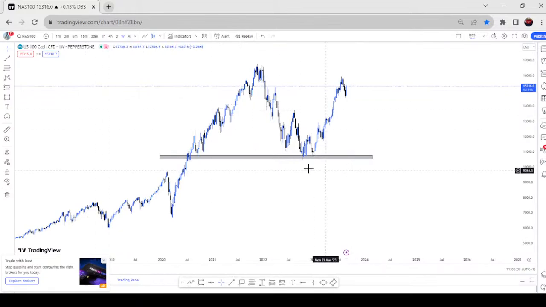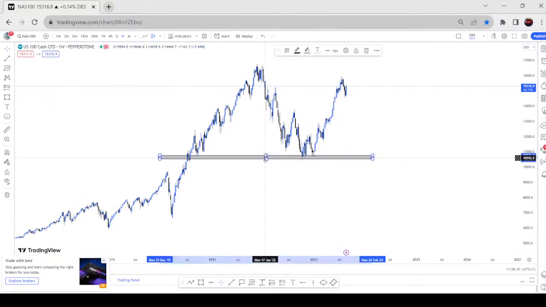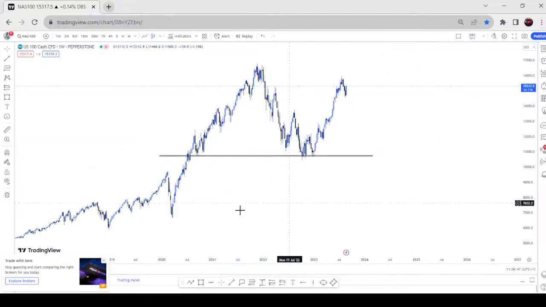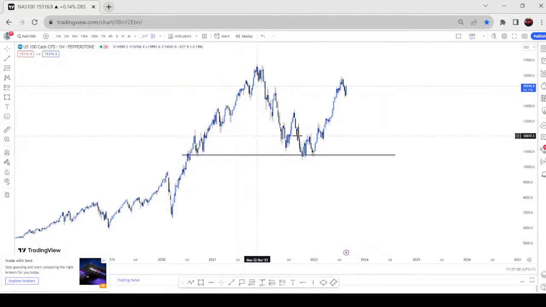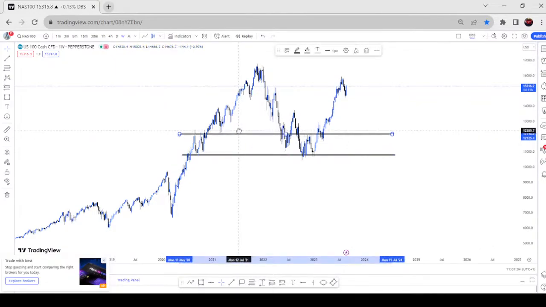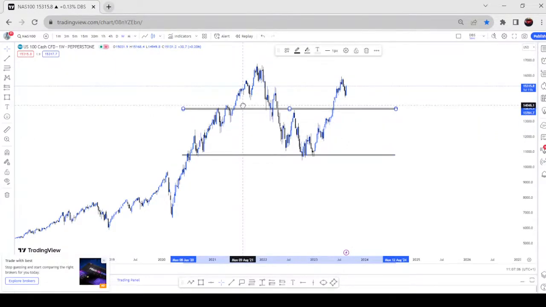So ladies and gentlemen, you can see this is our major level being drawn here. I don't want to make it wide, it should be tiny. This market actually respects this, so we can now repeat it on another obvious level.